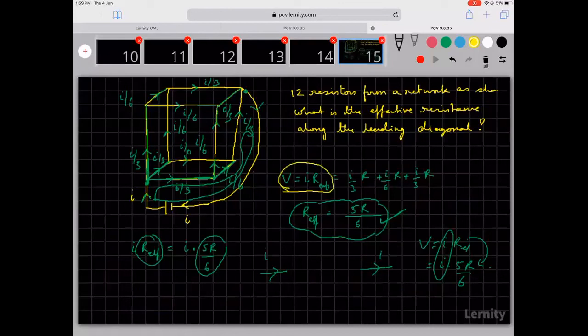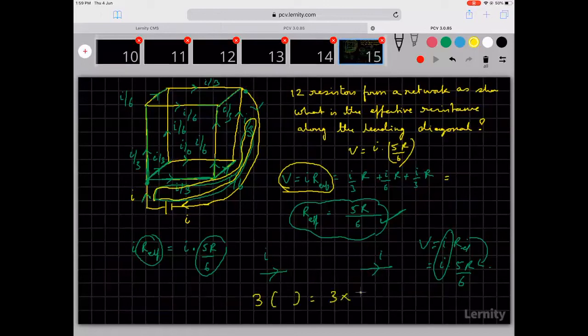I hope you are able to understand this. Then I have gone a closed loop here. In a closed loop, I have applied Kirchhoff's law and I am seeing that V is equal to I into 5R by 6.